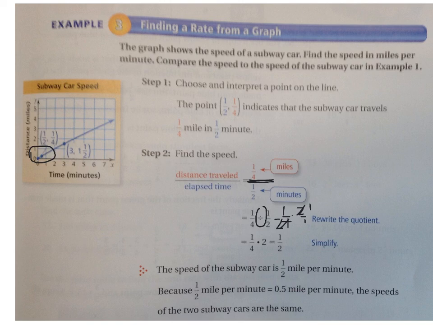Then we have 1 times 1 is 1, and 2 times 1 is 2. So we've simplified it so that we have 1/2. So the speed of the subway car is 1/2 of a mile per minute. Because half of a mile per minute is the same as 0.5 miles per minute, the speeds are equal.